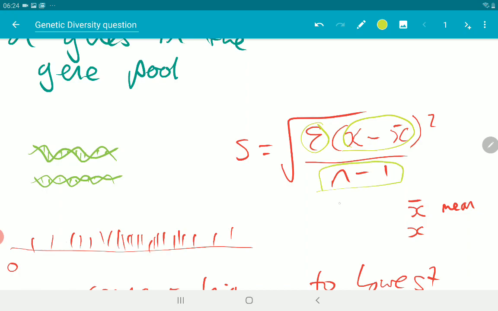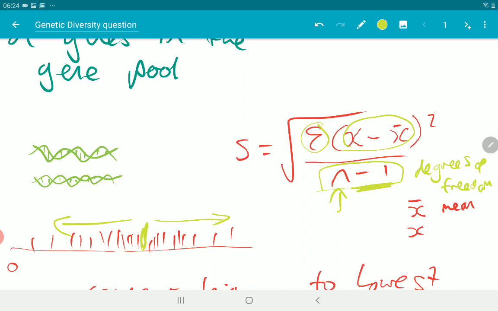Now this is the total number of data points, and this is minus 1. This is a degrees of freedom deal, right? We're saying that there is 1 degree of freedom. Don't worry if you don't know what that means, we'll look at that another time, but you have to do it. Because some values are bigger than the mean and some are smaller, you can't just add them all up, since some are negative and some are positive.